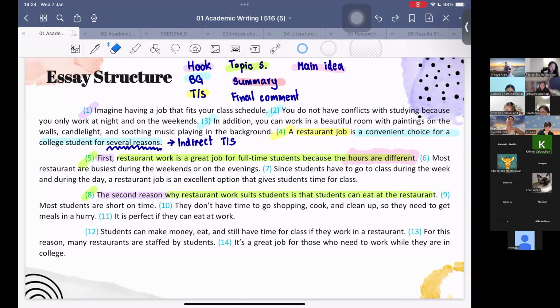The main idea is the one that states students can eat at the restaurant.